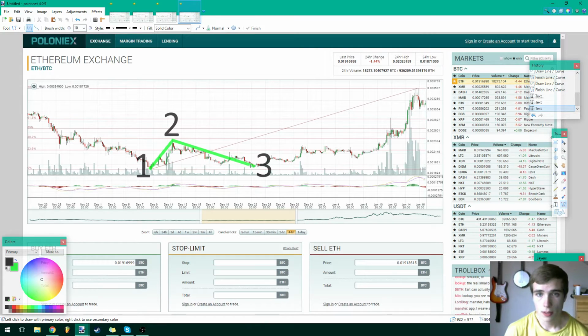So 1, 2, 3 bottom traders usually buy when it breaks at the 2 point again. So a 1, 2, 3 bottom trader would be buying around here in Ethereum. This is Ethereum, because that's when it successfully broke out of that 2 point again.